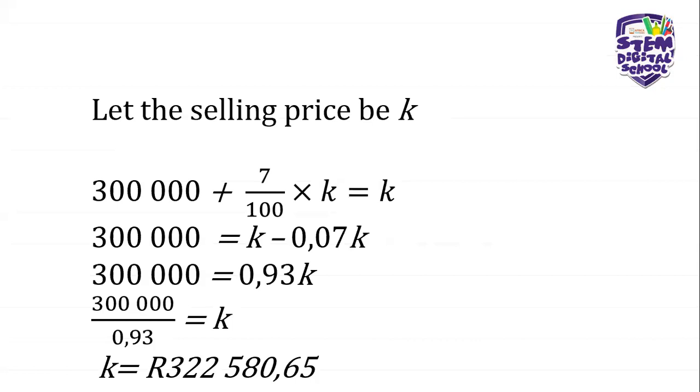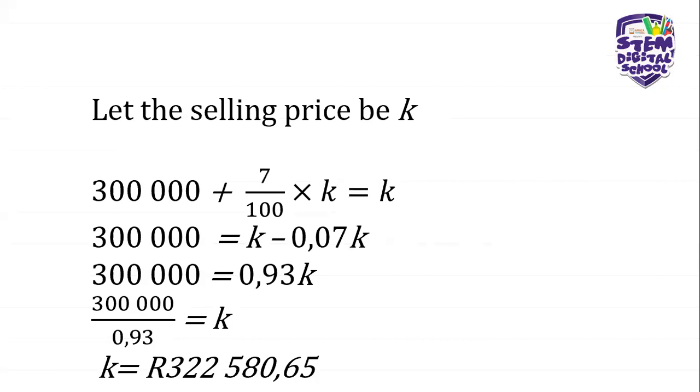So basically, once the estate agent has sold the house for this amount, then the estate agent will be able to transfer 300,000 rands into Joseph's bank account, and the remaining amount will be 22,580 rands and 65 cents.